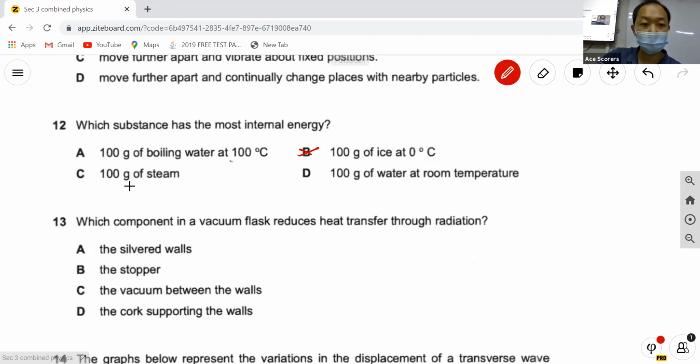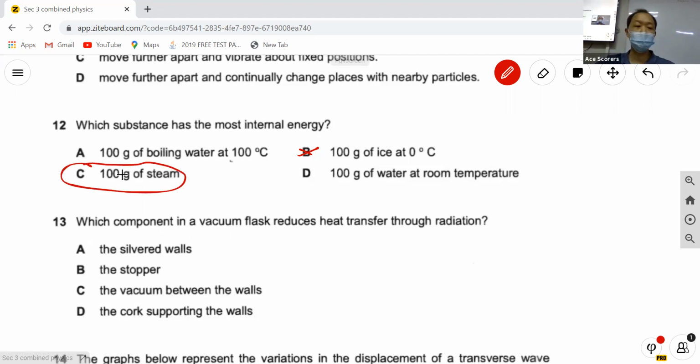Water at room temperature, 100 gram of steam, 100 gram of boiling water. Let me see. They don't have an answer. So weird. Total kinetic energy and potential energy in the body for the same mass, steam has the most energy compared to liquid. Okay, so the answer is this.